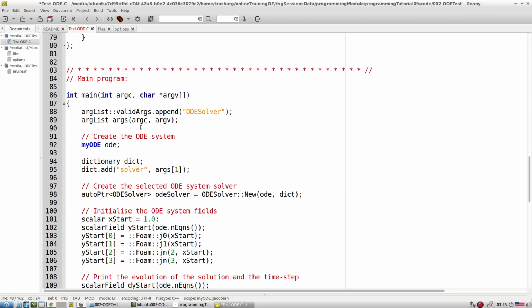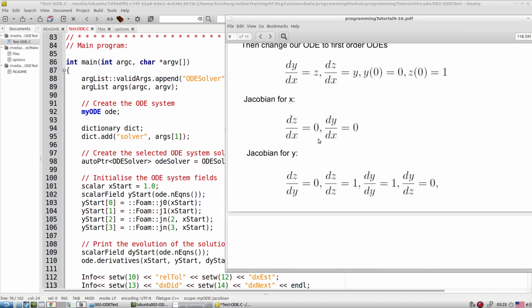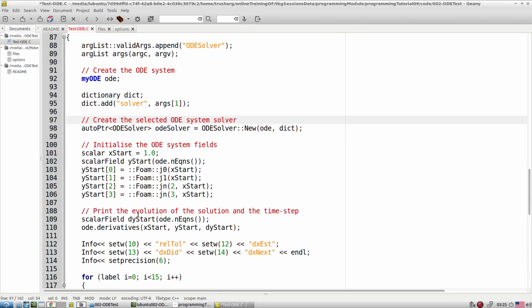Okay, now let's change whatever is needed. So initializations, we require initializations for both the things. So y start for 0 equal to 0 and y start for 1 equal to 1. So let's look at here.